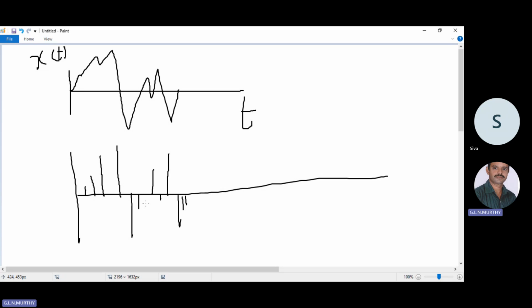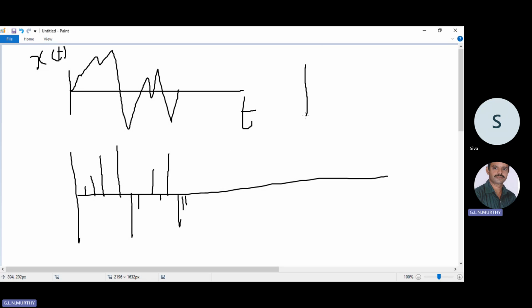Then how do you define the number of samples required? That is defined by the sampling theorem, which states that for efficient representation and reconstruction, the sampling rate should be twice the highest message frequency. That is, Fs must be greater than or equal to 2W, right?